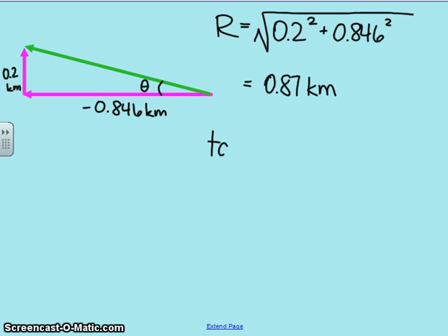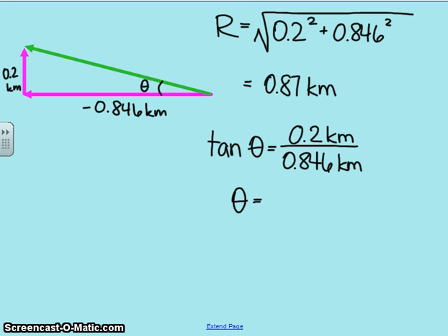The tangent of that angle is opposite over adjacent, or 0.2 kilometers divided by 0.846 kilometers. Again, notice that I'm not using that negative sign. I've really only used that negative sign to draw the picture. Solving for theta gives me an angle of 13.29 degrees.